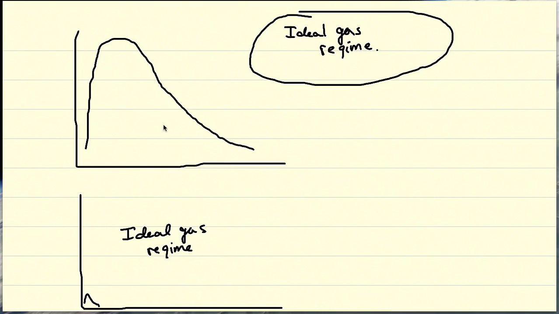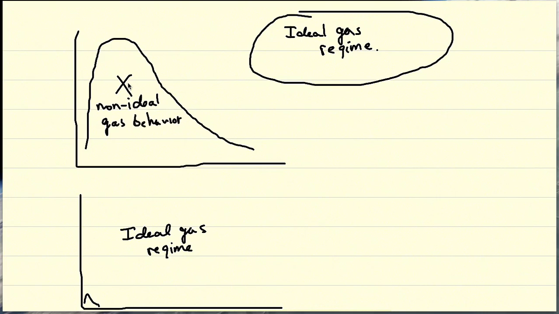So the first qualification is that we have to have a gas. So if you're in this region here, you're not going to be able to make the assumption. This would be non-ideal gas behavior in here.